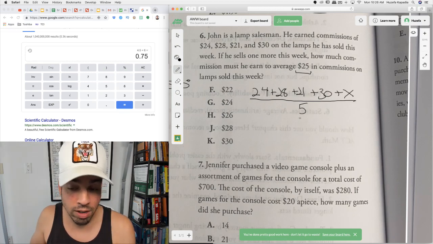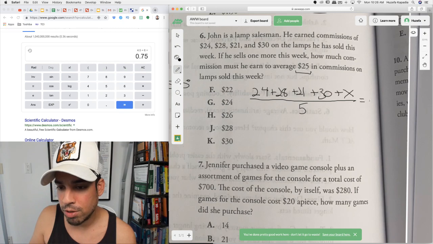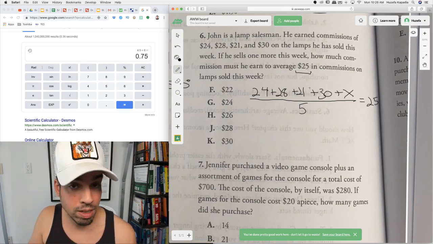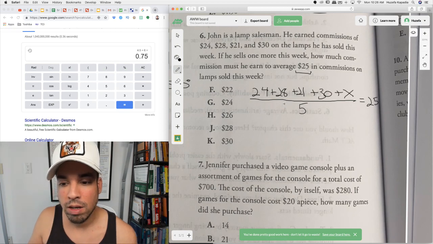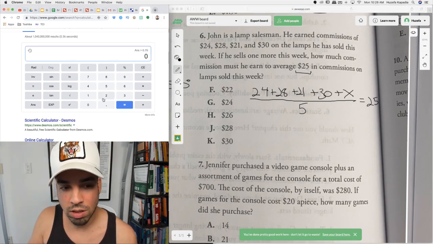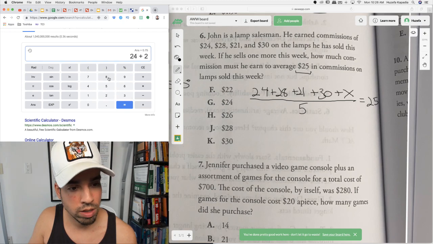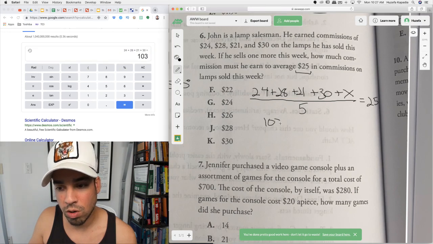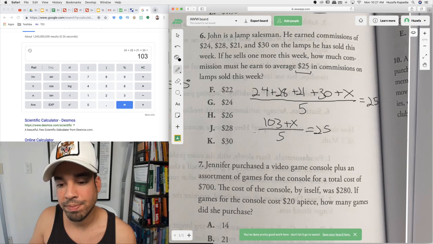And the average of 5, we divide by 5 to get a commission of 25. So again, to take the mean of something, we add up all the values, divide by the number of values there are, and there we go. I'll just do it. 24 plus 28 plus 21 plus 30 equals 103. So we got 103 plus x over 5 equals 25.